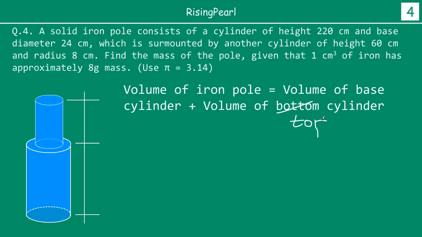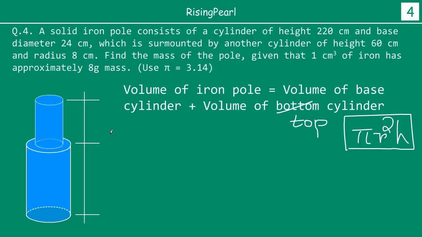We know that the formula to calculate the volume of a cylinder is basically pi r square h. This formula gives us the volume of a cylinder, where r is the radius and h is the height.